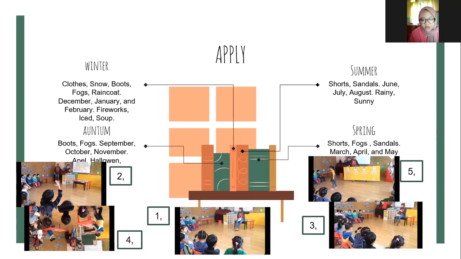And page 5, children attach anything that is one of the four seasons, such as in autumn there is Halloween. Later children attach the Halloween picture in the autumn section.